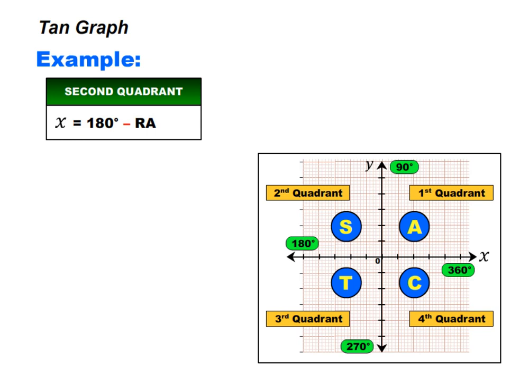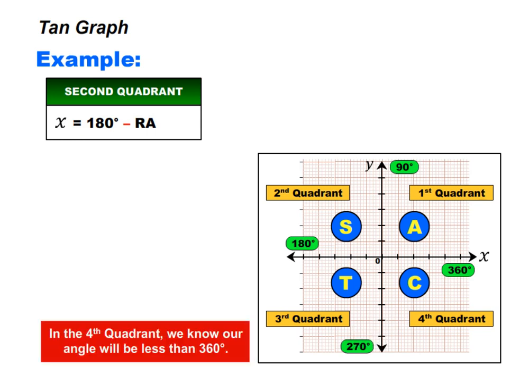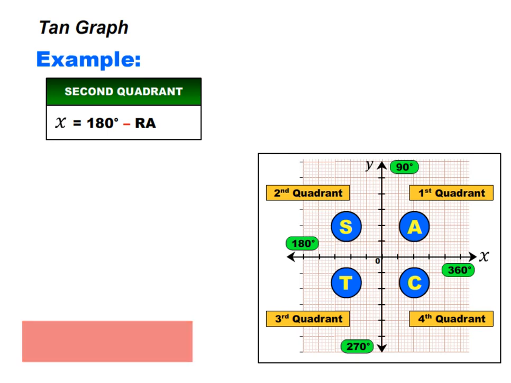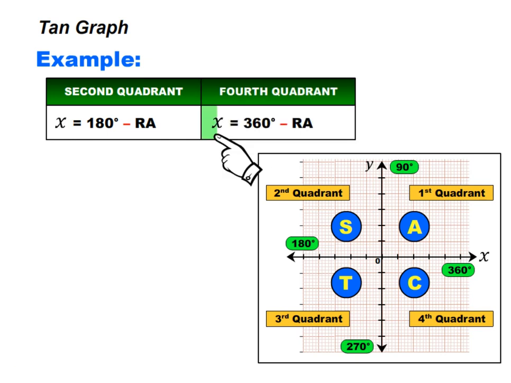For now, just know that RA helps us to find our angles. In the fourth quadrant, we know our angle will be less than 360 degrees. We say x is equal to 360 degrees, subtract RA. Look at the picture.